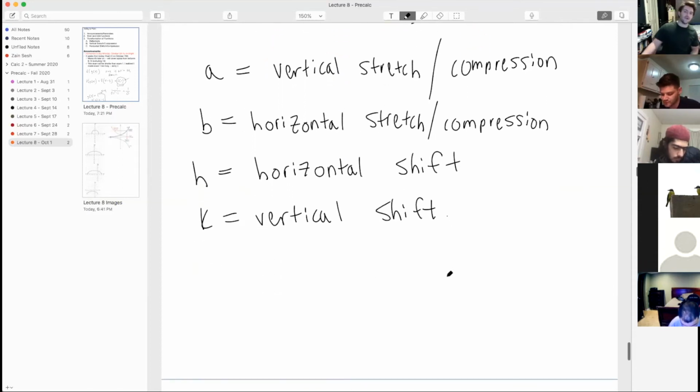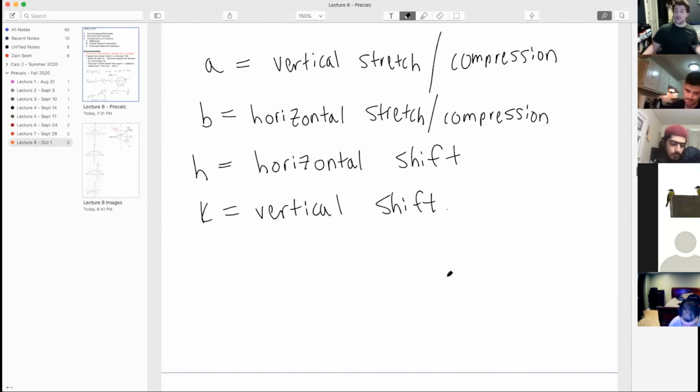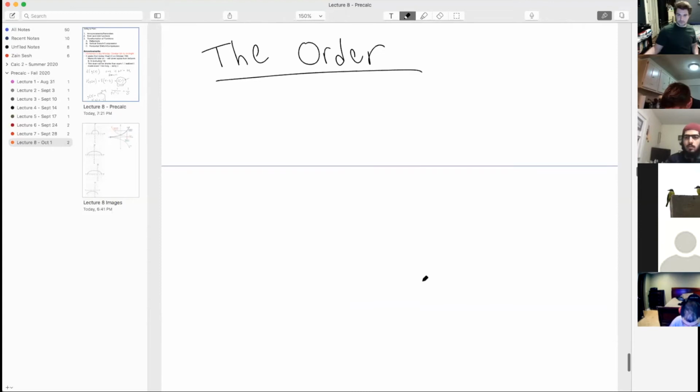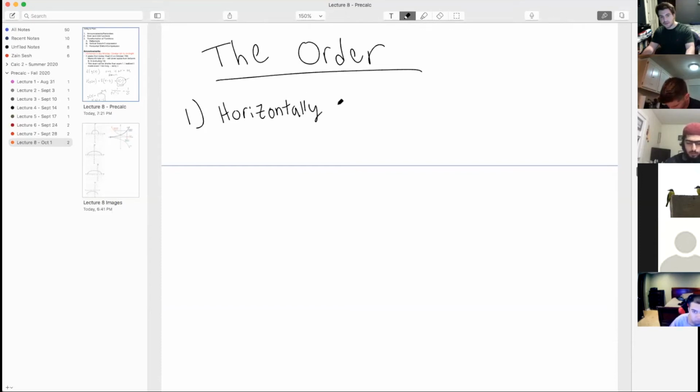Now, here is the order in which you apply them. The order is very important. First, you horizontally stretch by 1 over b. That's the first thing you do.